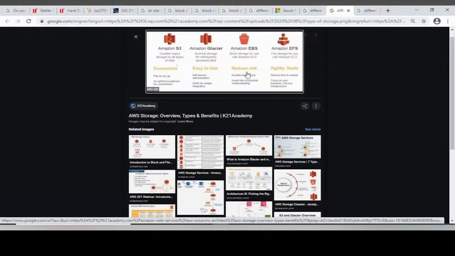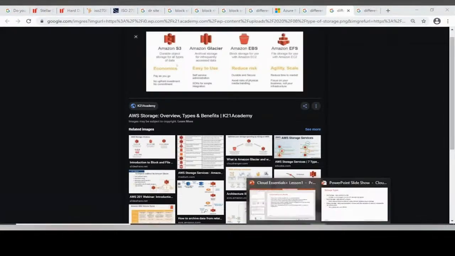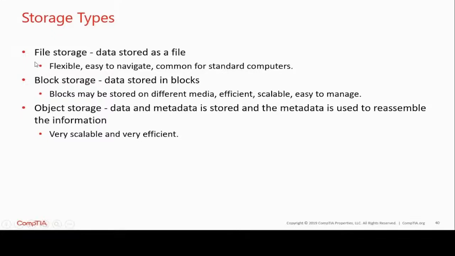So if you want to compare different service providers, there will be differences in the naming convention. But in the backend, only these three things work: file, block, and object. Either you will keep your data in a file, in a block, or in an object format. But different service providers might use their own naming convention to represent it.